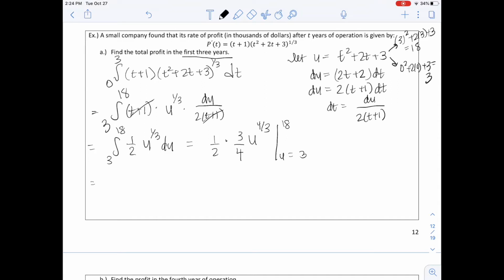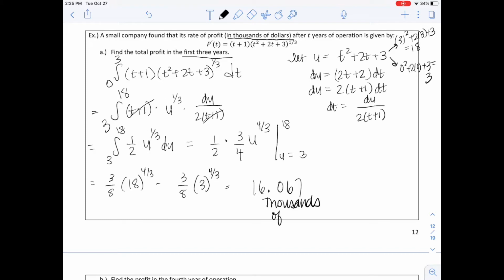So simplifying this, I have 3 over 8, and it's going to be 18 to the 4/3 minus 3 over 8 times 3 to the 4/3. And if I substitute this into my calculator, I end up with 16.067. And the units that we have are in thousands of dollars. So put down thousands of dollars.